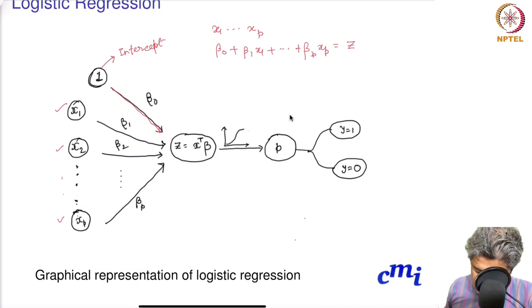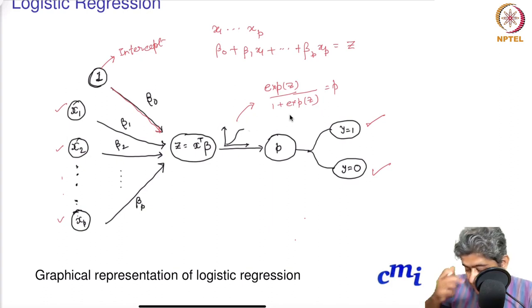Then we put it into a sigmoid function, e to the power z by 1 plus e to the power z, that is my p. I'm getting p, and then with some probability I observe 1, otherwise I observe 0. So that's my graphical representation of the model.